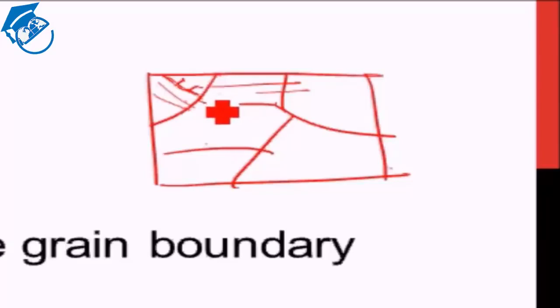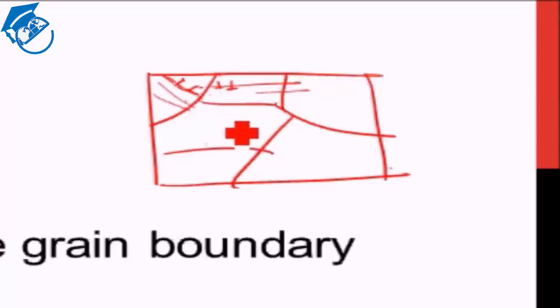So there has to be a buildup of stress here, so that this dislocation at the grain boundary is either pushed into the next grain, or the stress becomes so high that it leads to generation of new dislocations in the adjacent grain. That increase in stress is what leads to strengthening of the material.